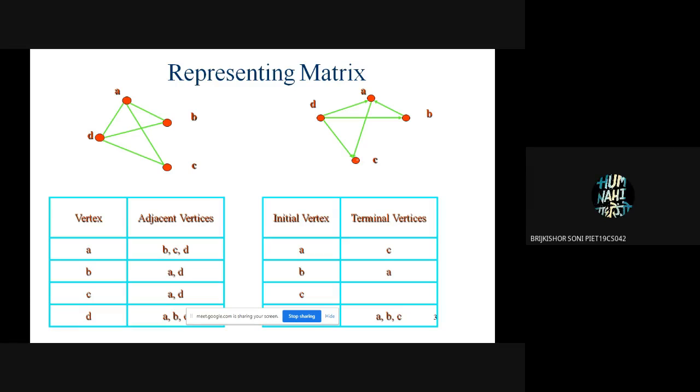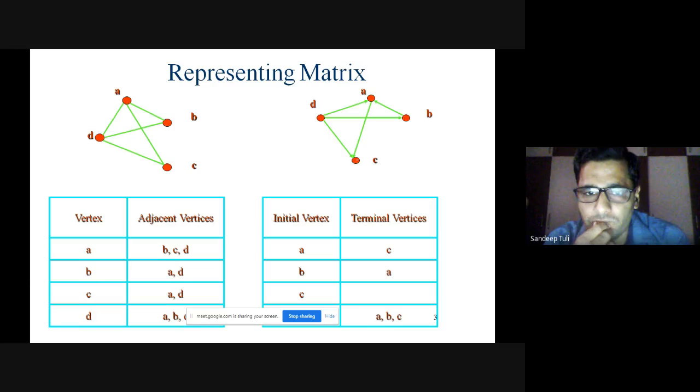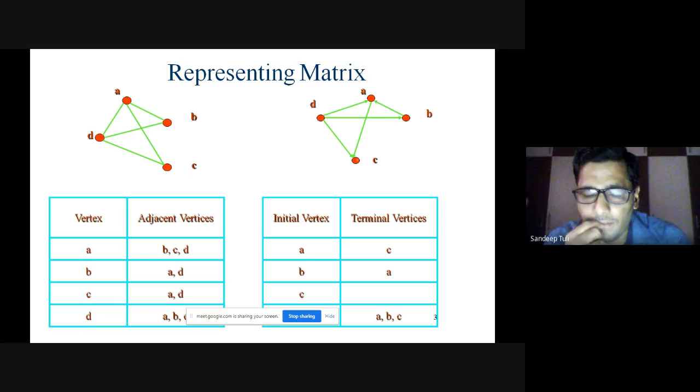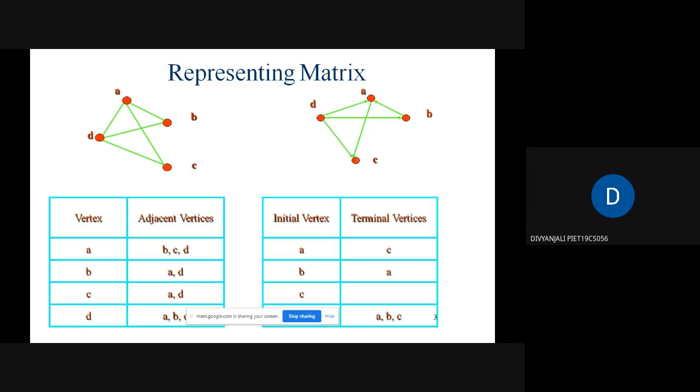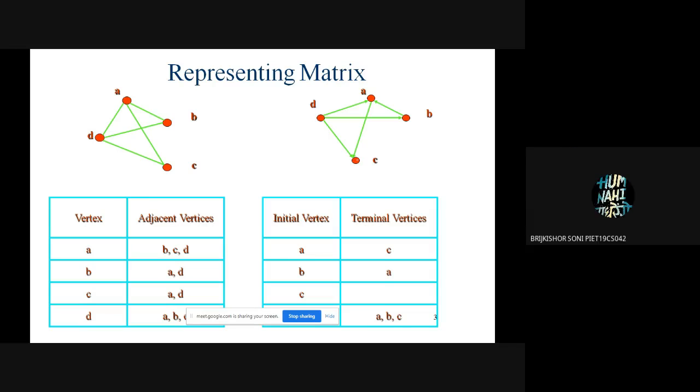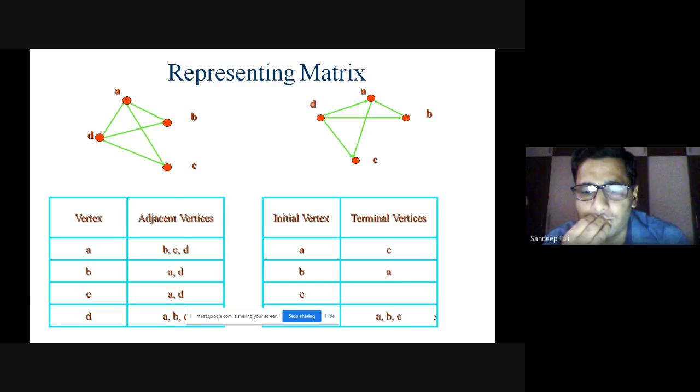0. Why 2? Why 0? Sir, 2, one is in degree and one is out degree. C has 2 in degree actually, and out degree is 0. So the degree of C will be 2, how?